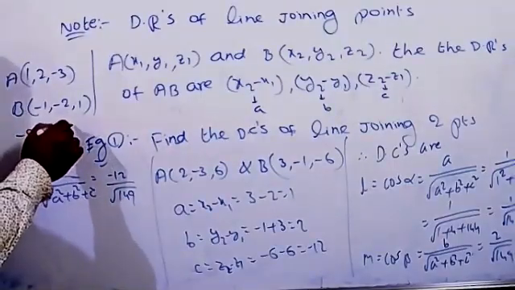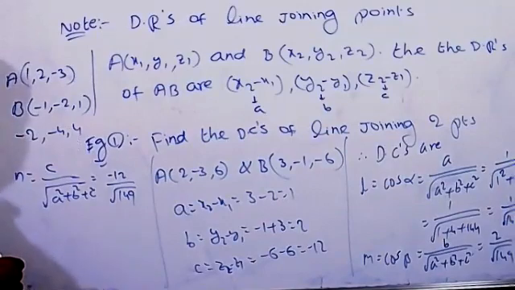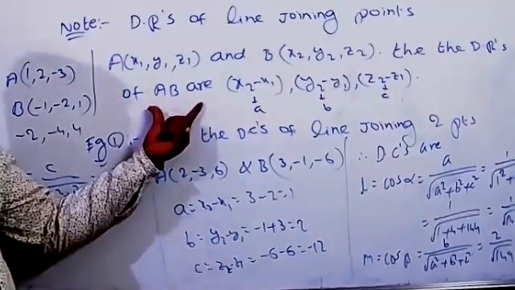Yes, tell me. Sir, cos alpha is minus 1 by 3. Yes, good. Second. Sir, minus 2 by 3. Yes, good. Next, 2 by 3. Okay. The second model, remember that.